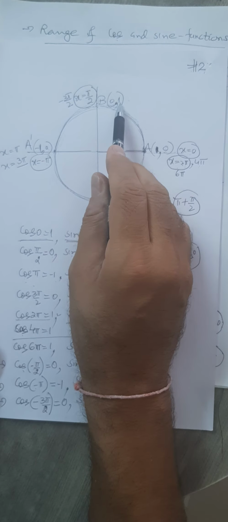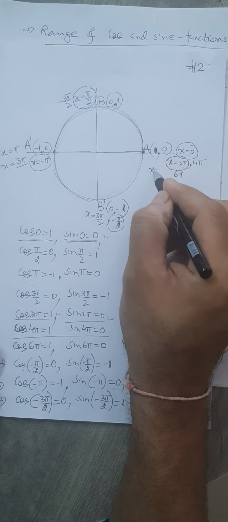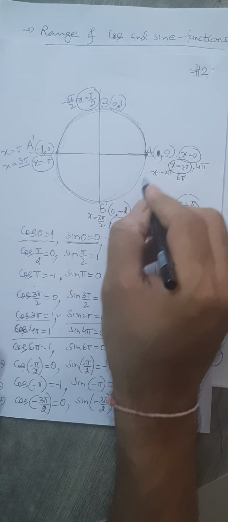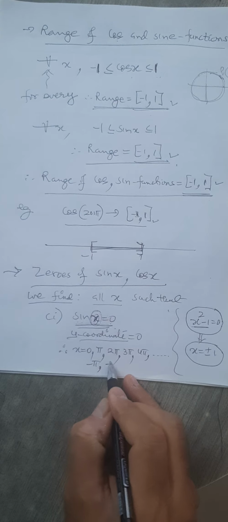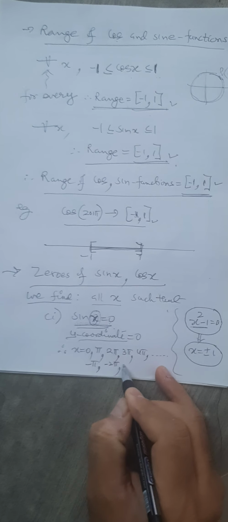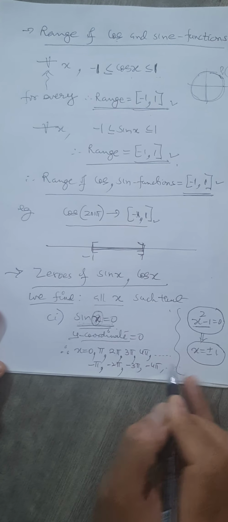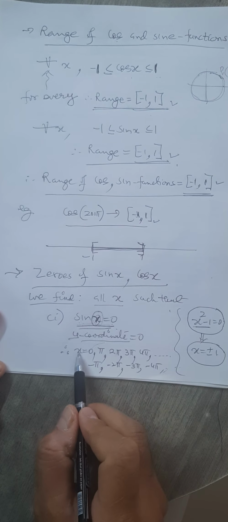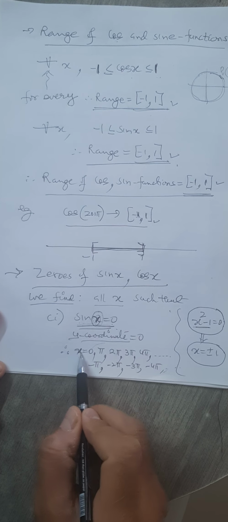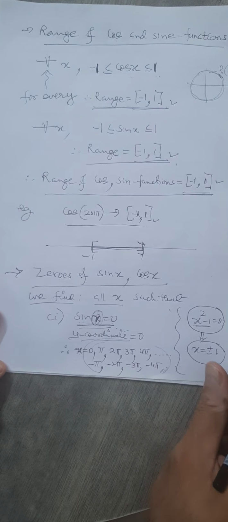Here the y coordinate is 1. Here the y coordinate is 0. You can write x equals minus 2 pi after finishing one rotation in the clockwise direction. Same way you can continue minus 3 pi, minus 4 pi and so on. These are the values of angle x, which we call arc length also, for which the sine function becomes 0.